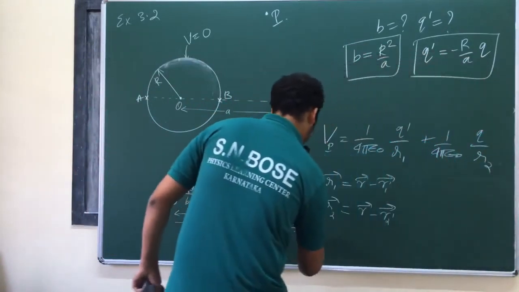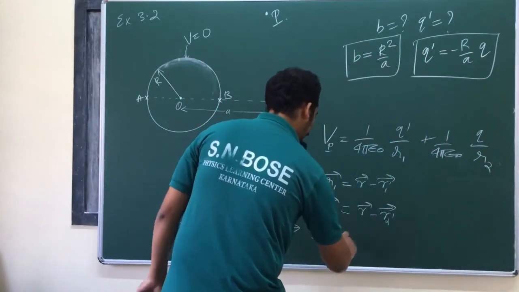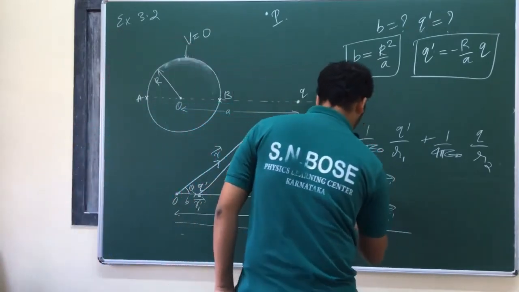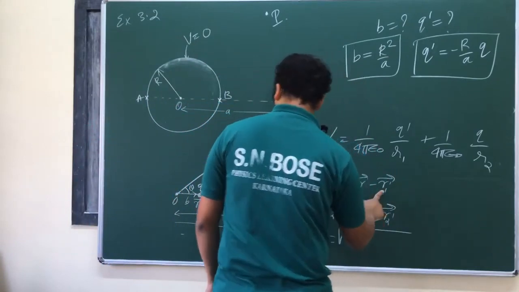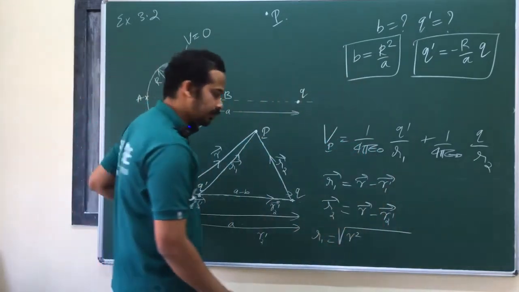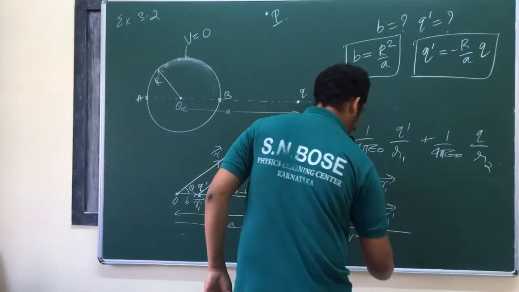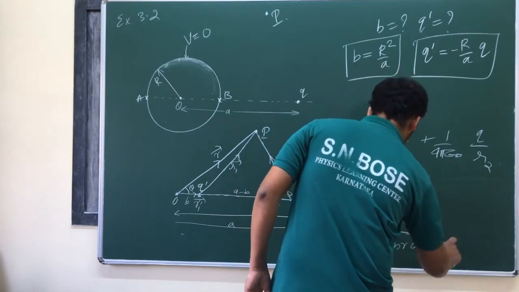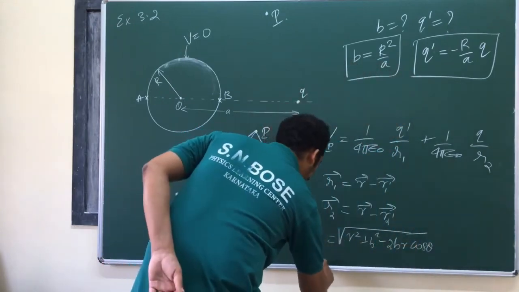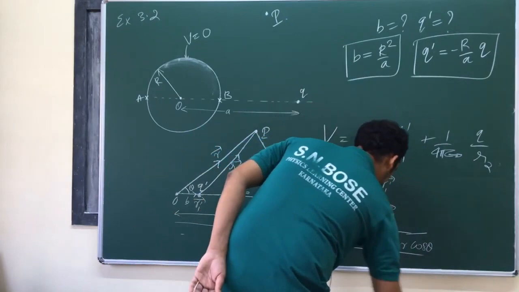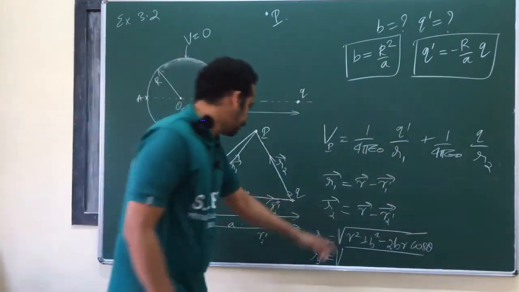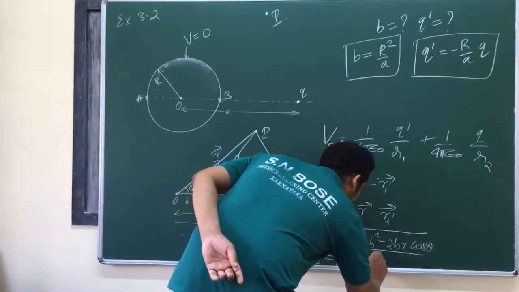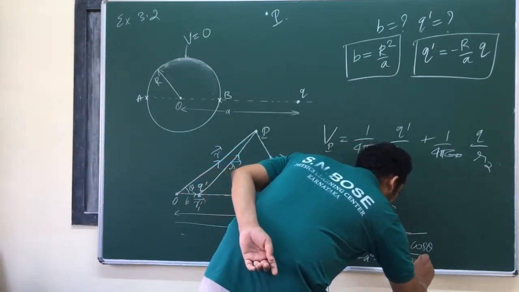This italic R1 magnitude is equal to, applying the law of cosine, root of R square plus R1 prime square, that's nothing but B square, minus 2BR cos theta. Similarly, italic R2 is equal to root of R square plus R2 prime square, that's A square, minus 2AR cos theta.